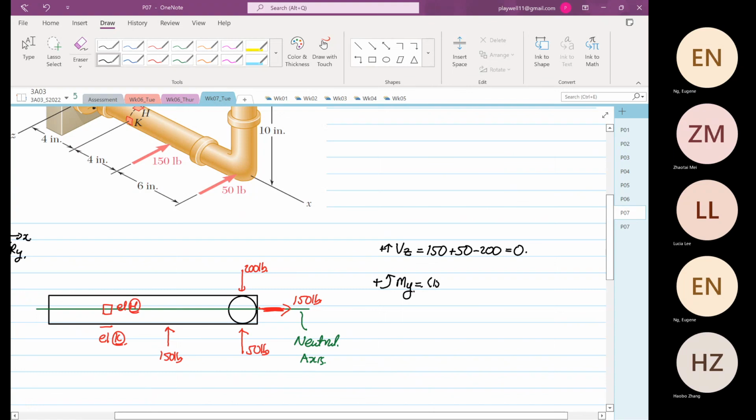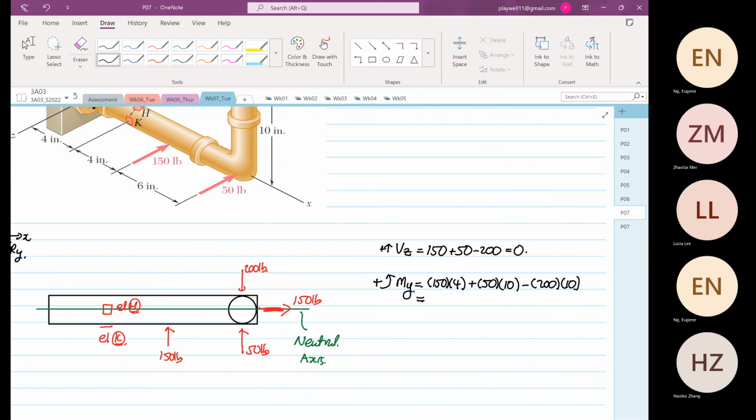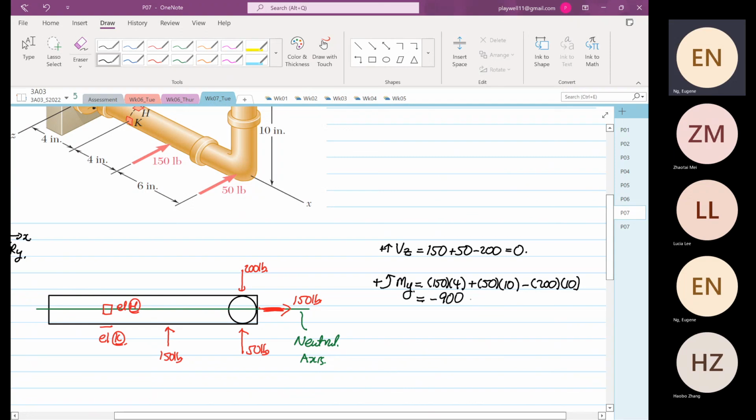So 150 multiplied by 4, and then plus 50 multiplied by 10, and then minus 200 multiplied by 10. So this is equal to minus 900 pound inch.